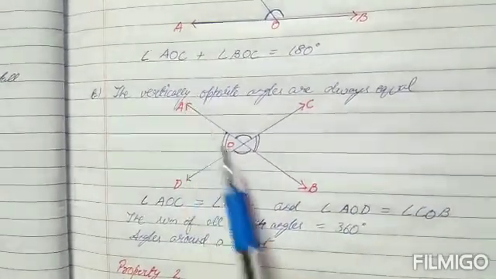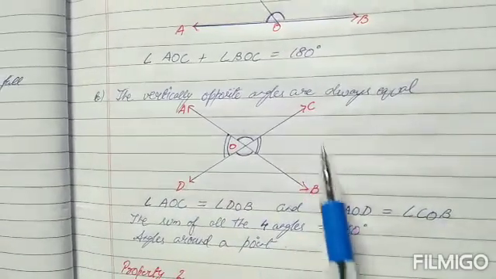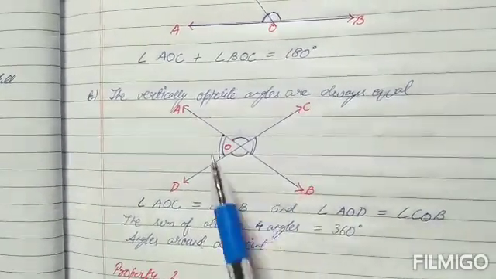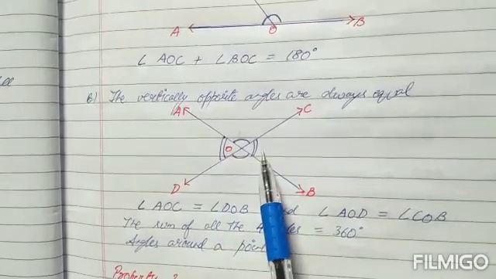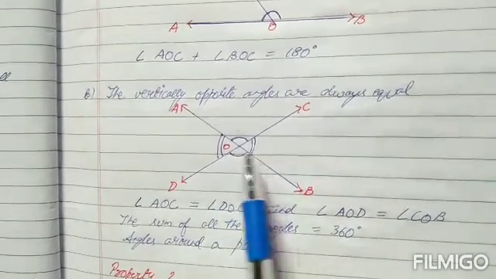Similarly, the measure of AOD will be equal to the measure of COB, and they are also vertically opposite as well as equal angles.